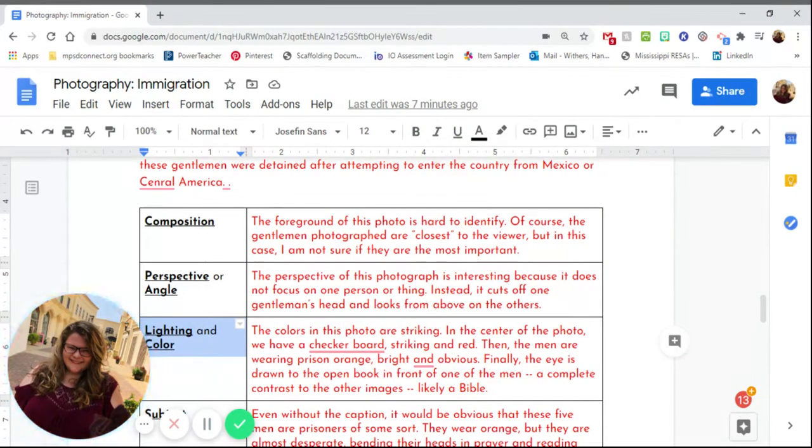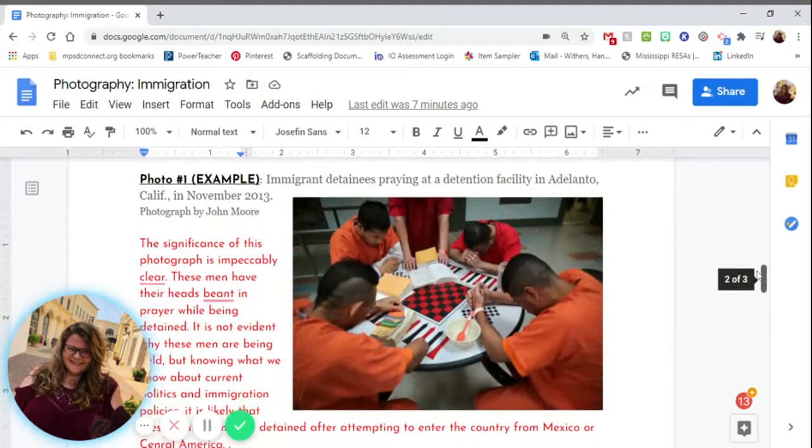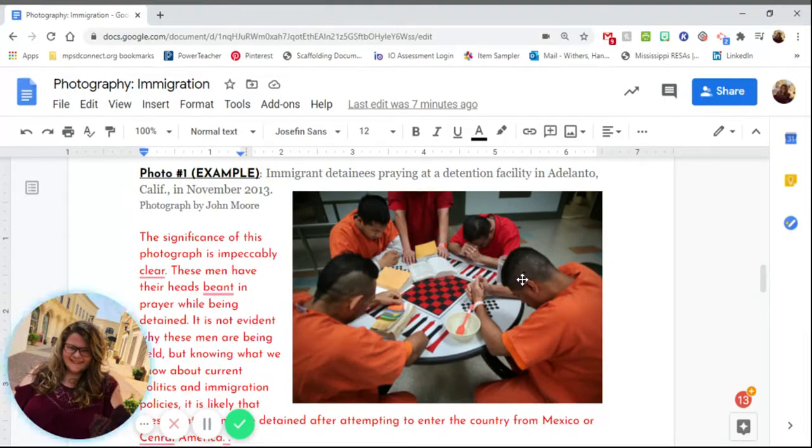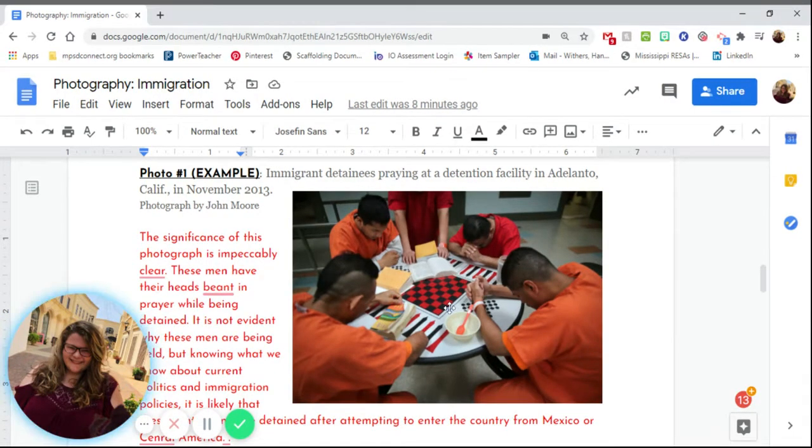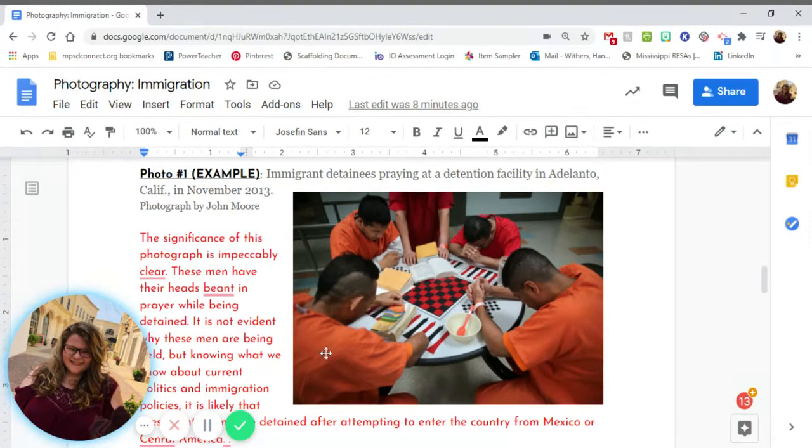What is most interesting to me about the lighting and color of this picture is that it is striking. The first thing you notice, boom, is the color. These two gentlemen are wearing red. There's this red checkerboard in the middle. Then we have these men that are wearing the prison orange.